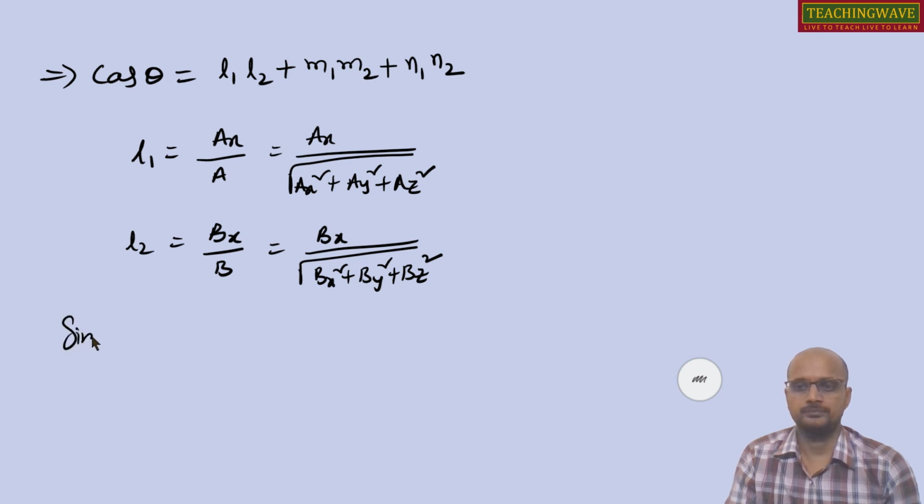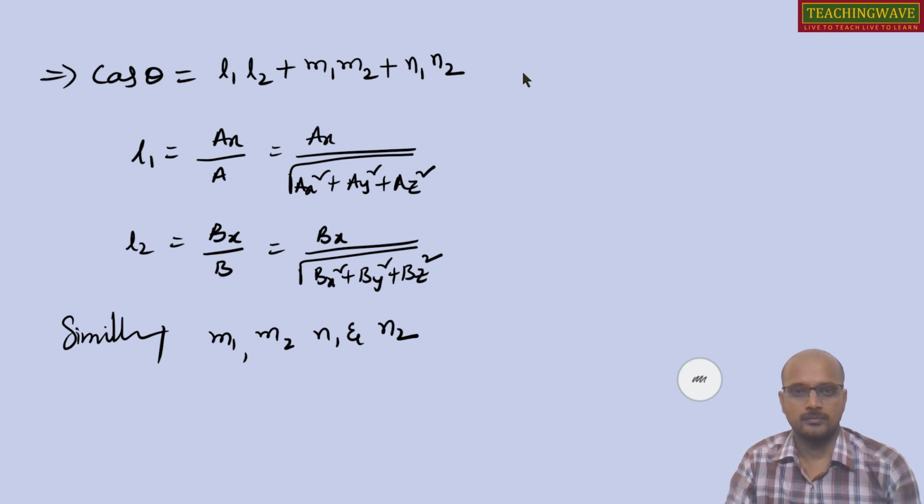Similarly, we can write m1, m2, n1 and n2, then cos theta is equivalent to l1 l2 plus m1 m2 plus n1 n2.